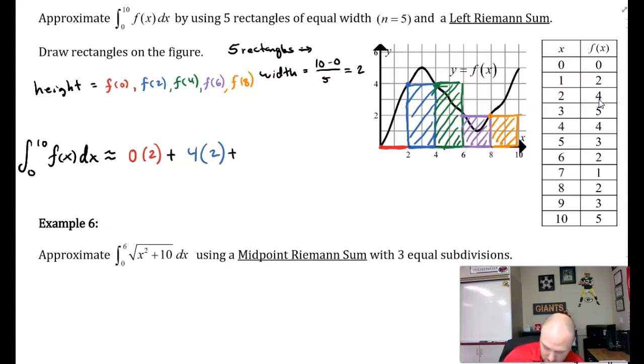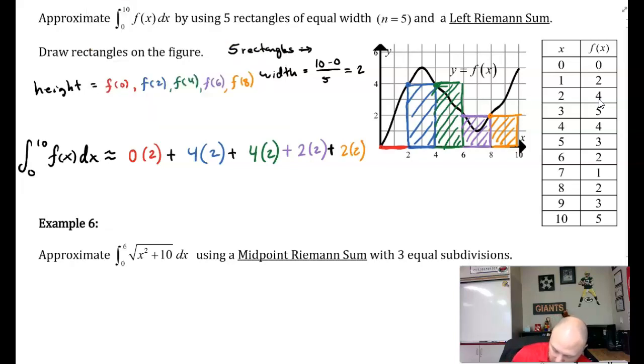plus the height of f of 4, which is also 4, times 2. The area of a rectangle is just height times width. Then plus f of 6, which is 2, times 2, plus f of 8, which is also 2, times 2.